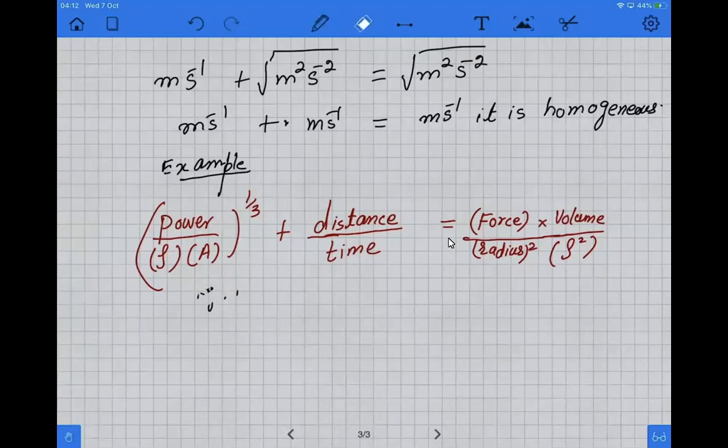Now, if we substitute the units, unit of power is kilogram meter square second minus 3.